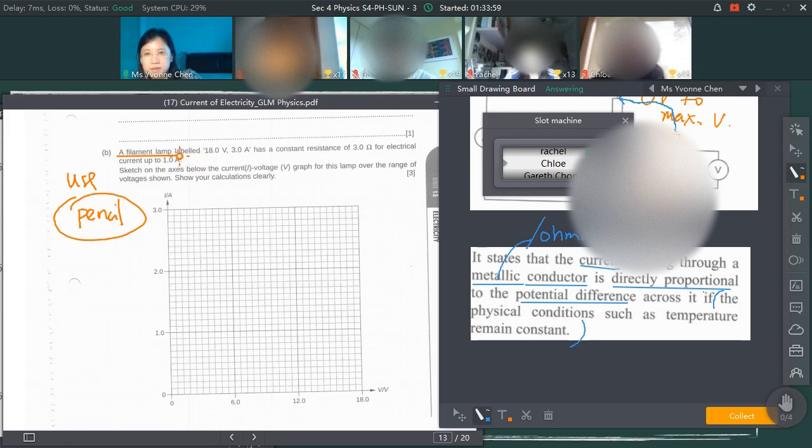A filament is not an ohmic conductor, so we don't expect a straight line. If it's a straight line, it is strictly an ohmic conductor or metallic conductor.